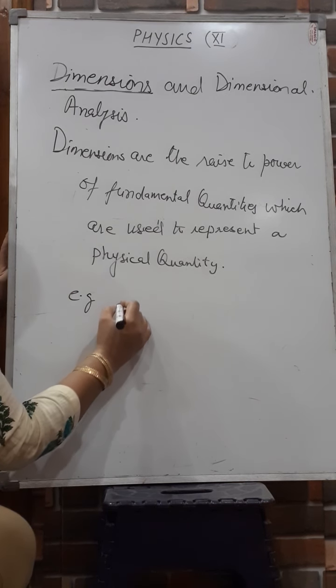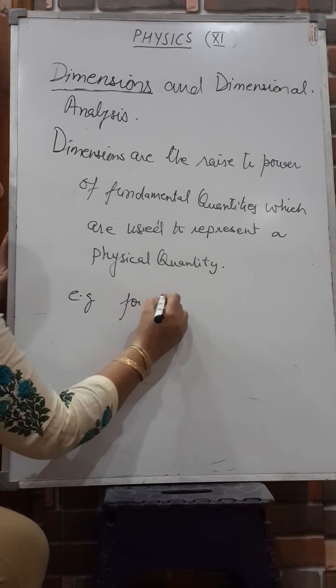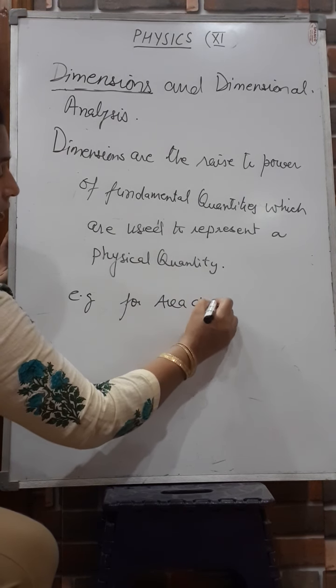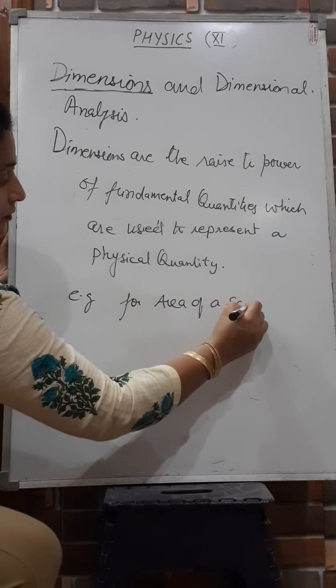for the area of a square, as you all know, area is equal to side into side. Side is length, so it is L into L. So we can represent area as L into L, meaning L square.